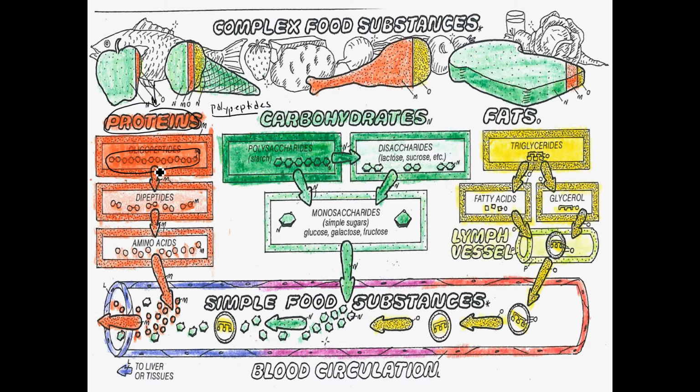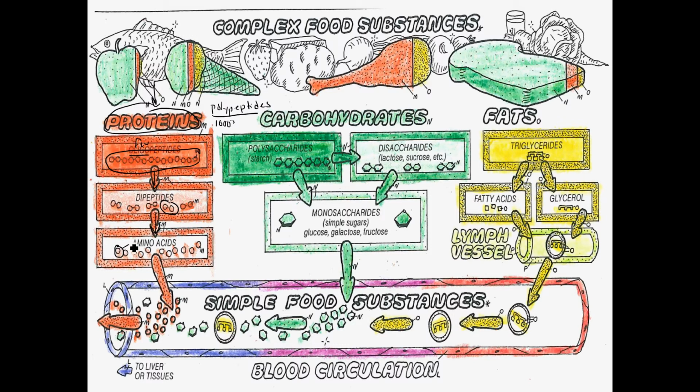So these oligopeptides, and again, oligo would be few of these little circles together, and then polypeptides would be many of them, on the order of thousands of these little individual units. We can chemically digest those into dipeptides, little dimers, but then ultimately we want to get down to digesting them into the individual amino acids.